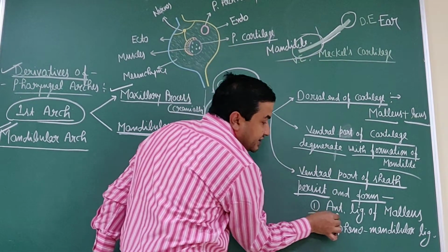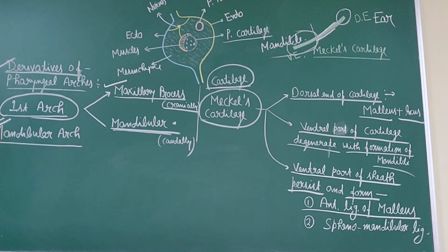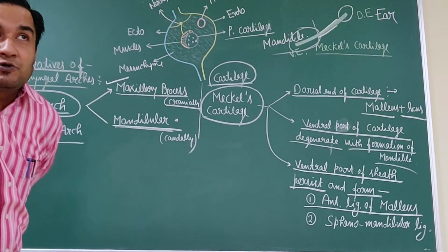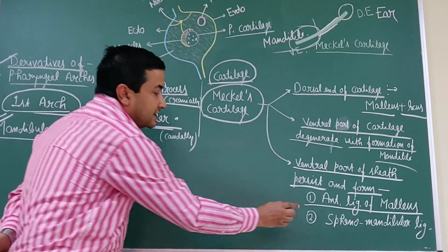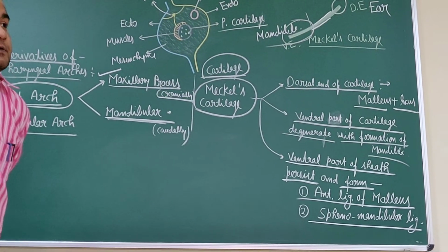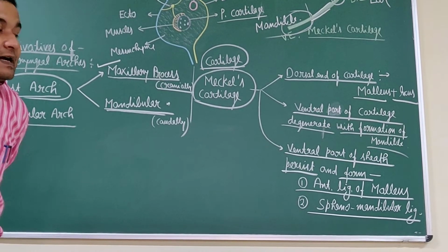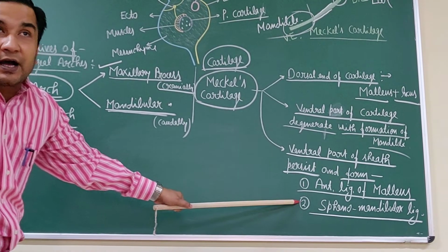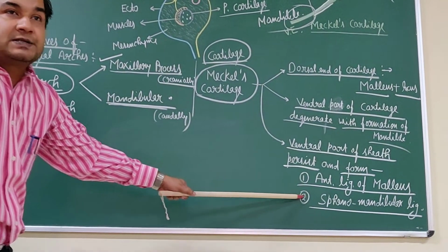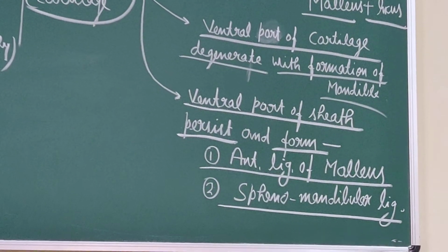That is the anterior ligament of the malleus that connects the malleus with the spine of the sphenoid, and the second is the sphenomandibular ligament. This sphenomandibular ligament has one end attached to the lingula of the mandible and the other end to the spine of the sphenoid.